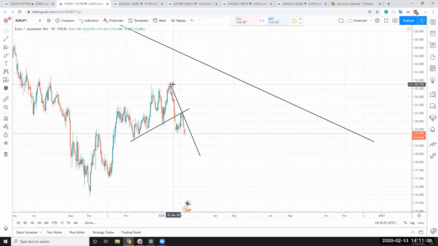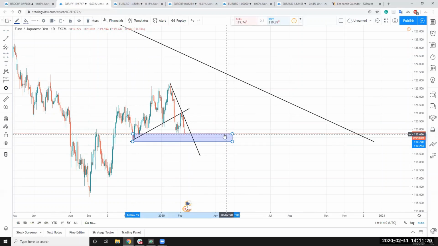Price did take out the high. These highs came from here, which came from here. So we have two important blocks. So we have here, which is quite important.